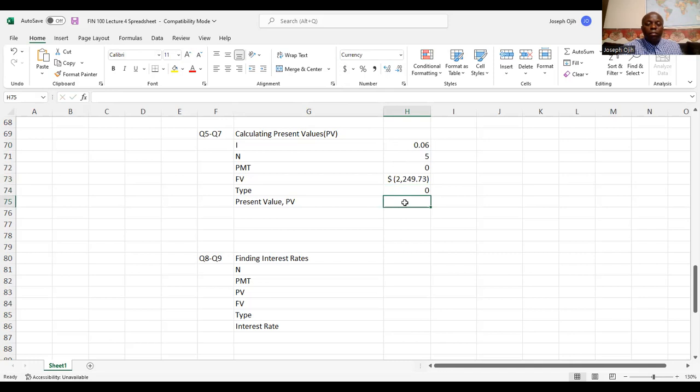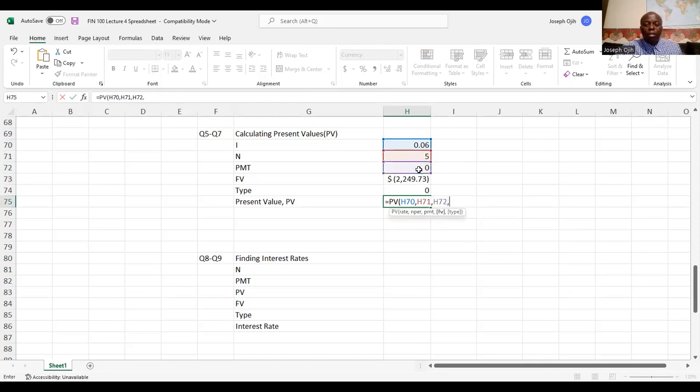So let's see, equal. Okay, present value. We have present value, PV, type PV. Okay, opening parenthesis, so you can see the rate right here. Click on it, comma. Number of years, click on it, comma. Payments, no payment, click on it.